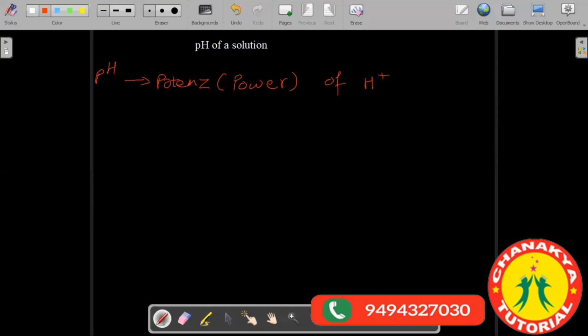So that means pH measures the strength of a substance, the strength of an acid. The strength of an acid is represented by its hydrogen ions.